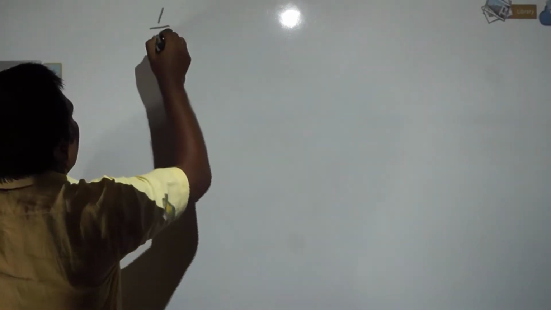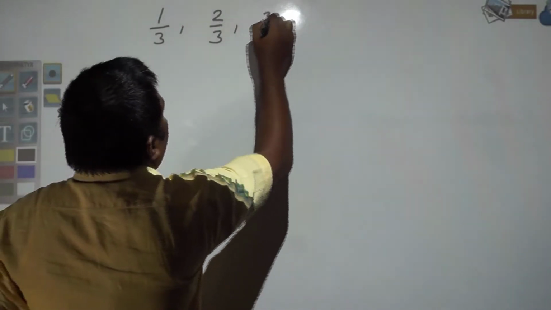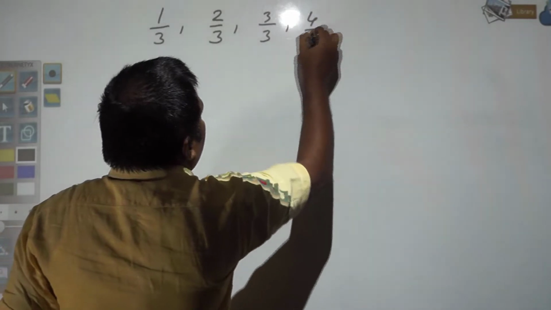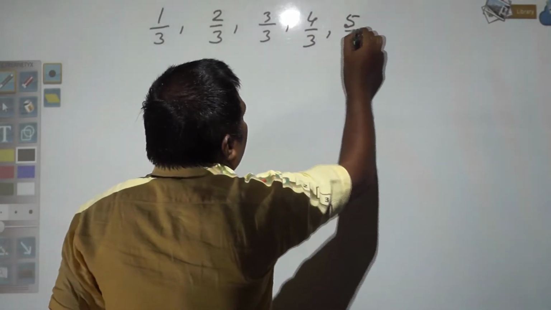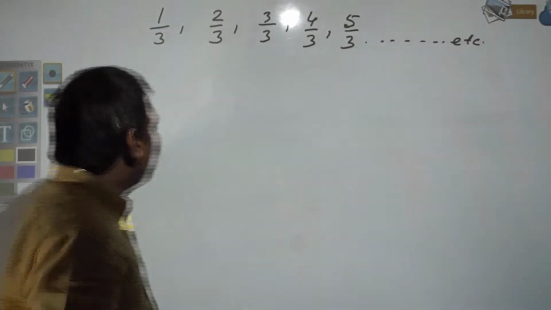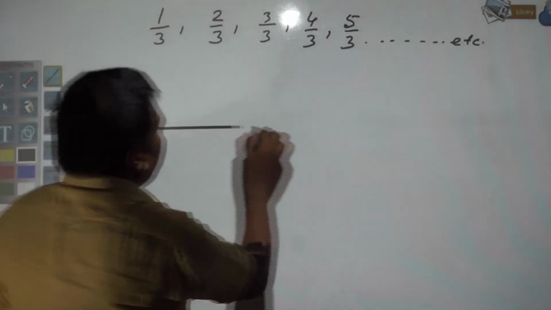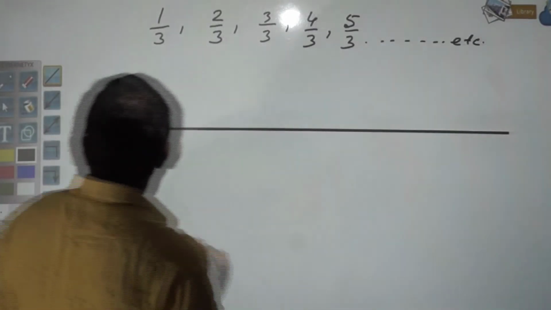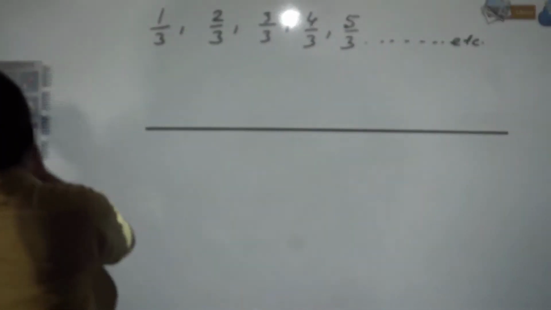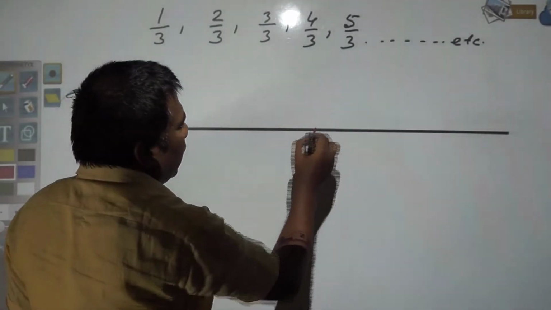Suppose you have to show 1 by 3, 2 by 3, 3 by 3, 4 by 3, 5 by 3, and so on. How will you represent this? Again the same thing is required to be done. Draw a line like this and fix a point somewhere, name it.